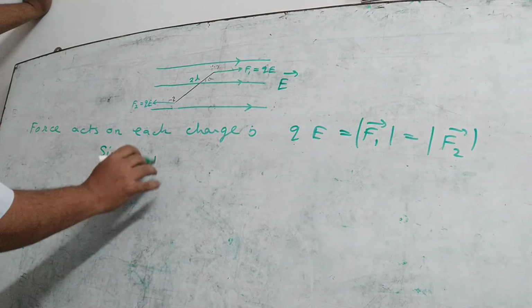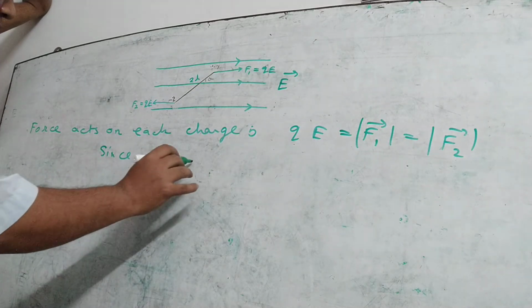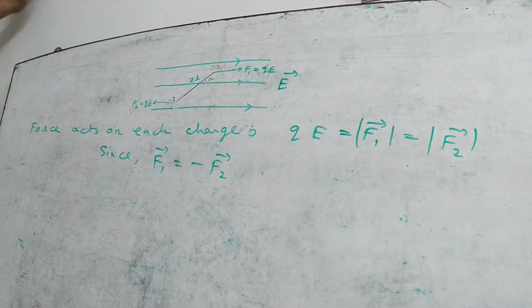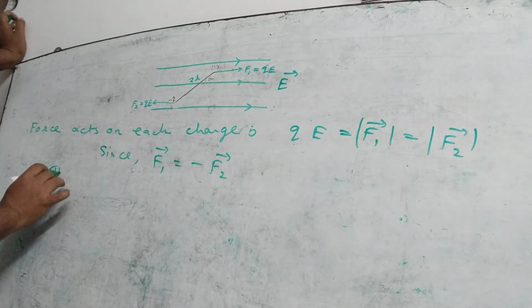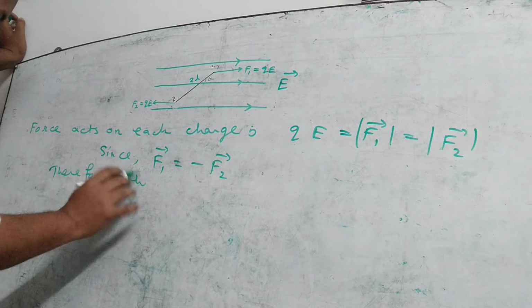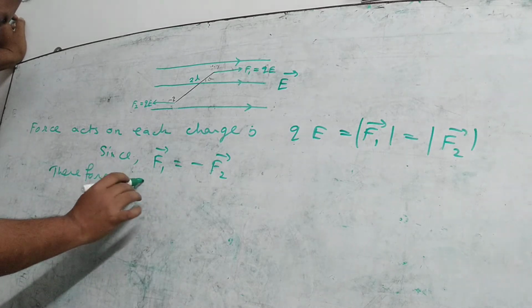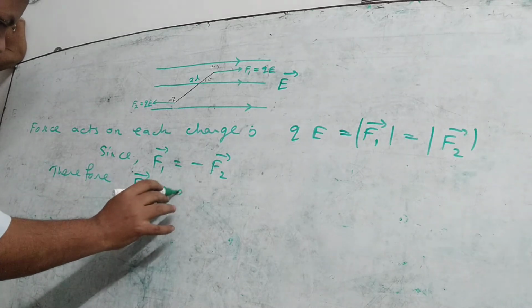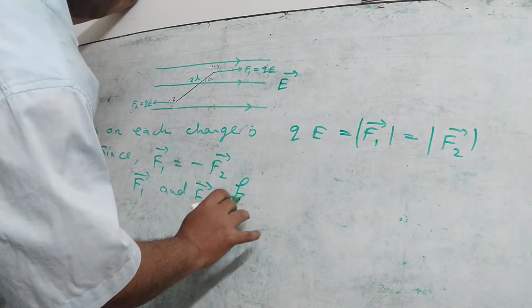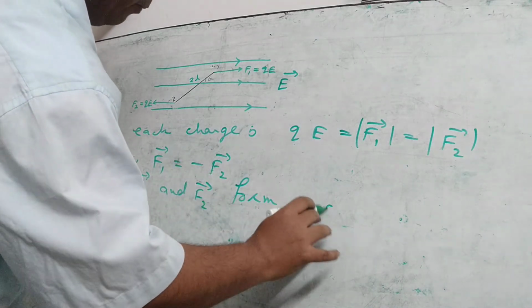Since F1 is equal to minus F2, they form a couple.